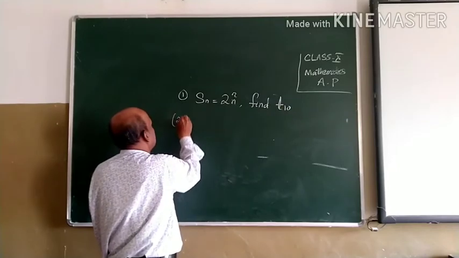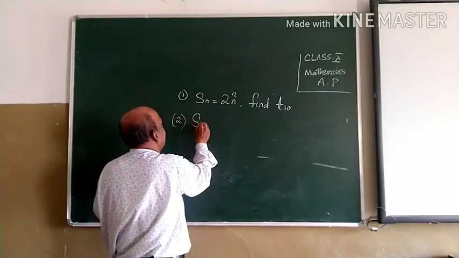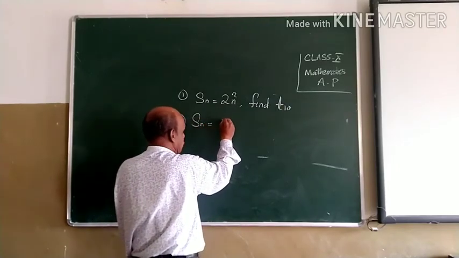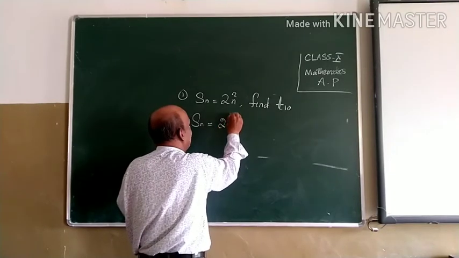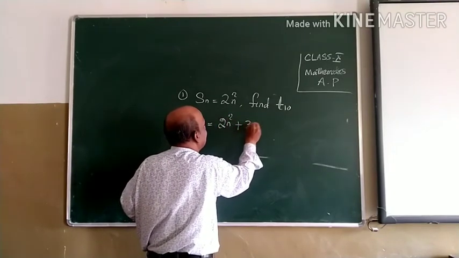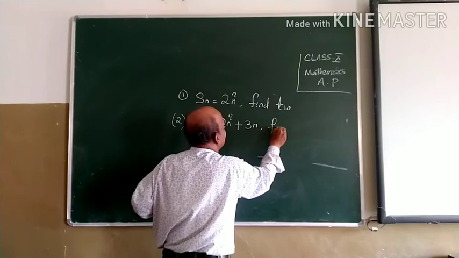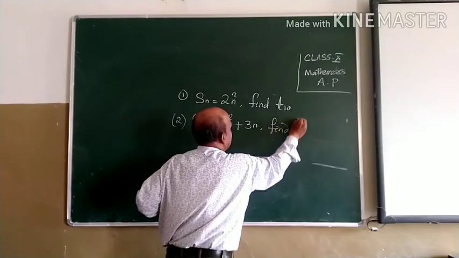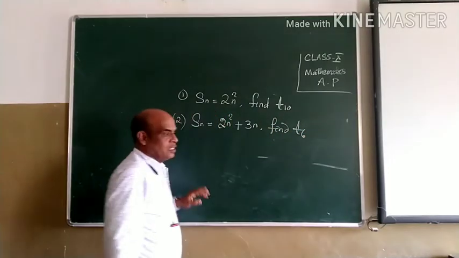Question number 2: Sn is equal to 2n square plus 3n, find T6. T6 means the 6th term.